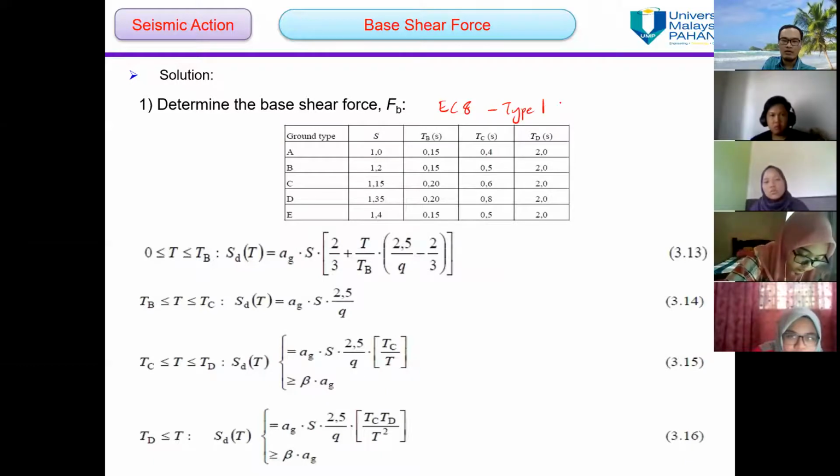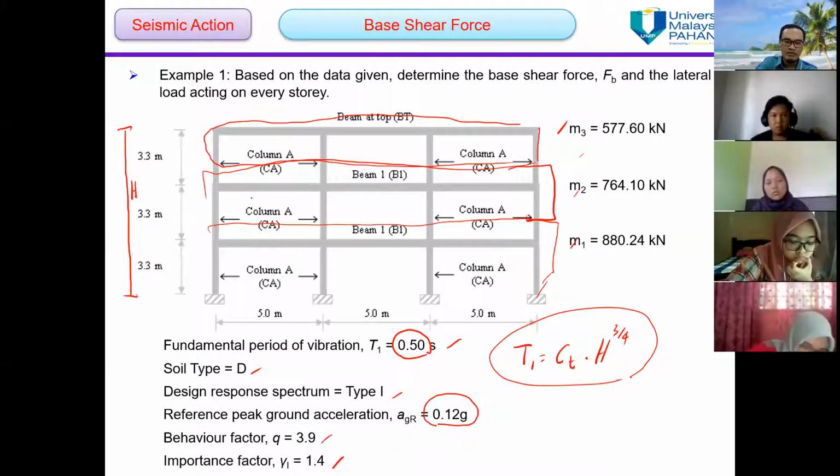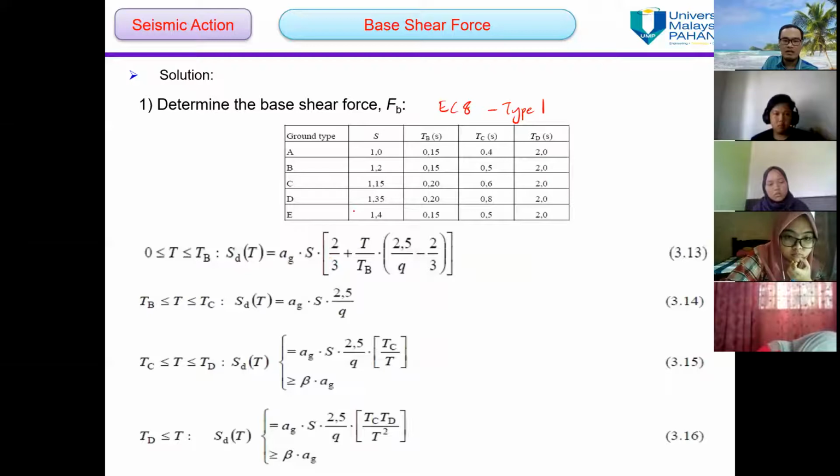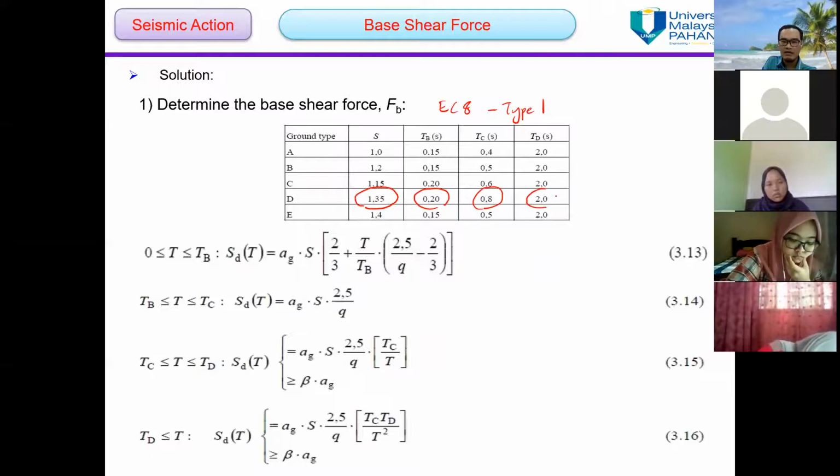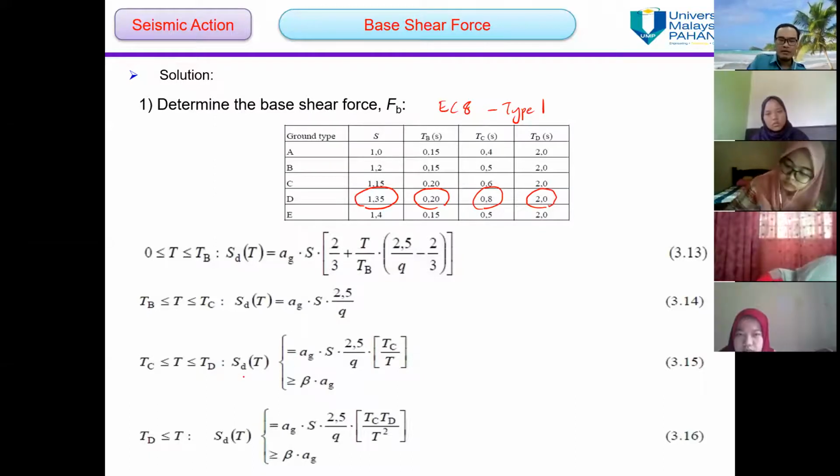Let's say type 1. So we refer to soil type D here. For soil type D, the S factor is 1.35. This is the TB, the TC, and then the TD.